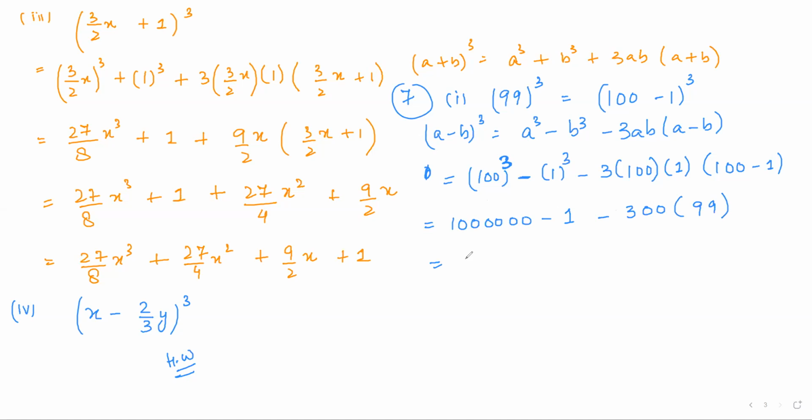Yes. So 1000000 minus 1 minus. Now again 2 zeros you write, and 3 into 9 is 27, carry 2, 27 and 2 becomes 29, right? Okay. So now both the numbers are minus, so you can add them together, but with a minus sign they will come.